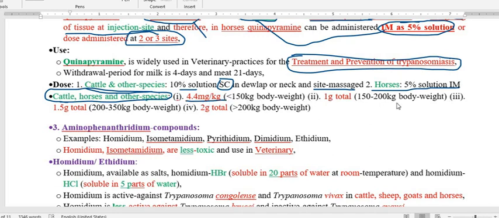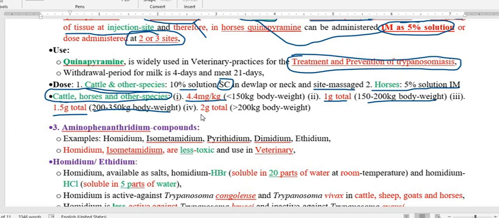The dose rate we consider as per body weight. For animals under 150 kg body weight, the dose is 4.4 mg per kg. If the weight is 150 to 200 kg, we use a total dose of 1 gram.